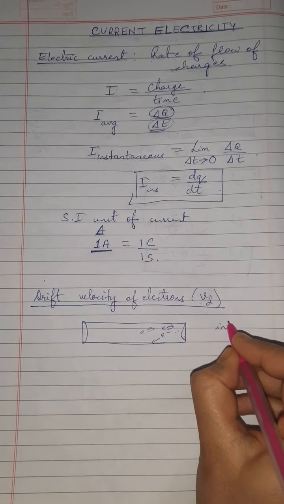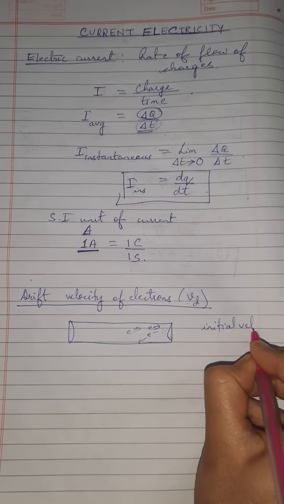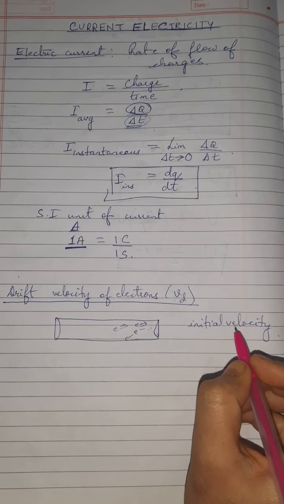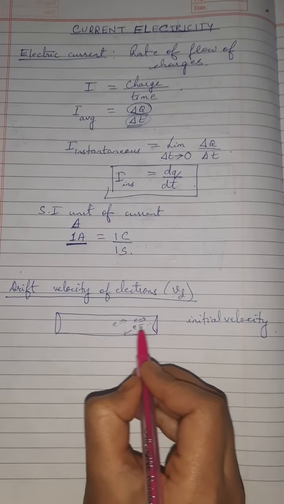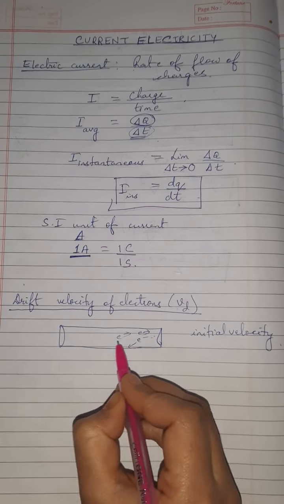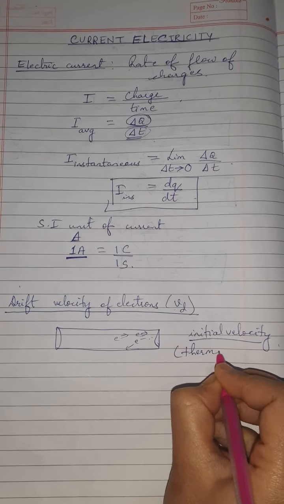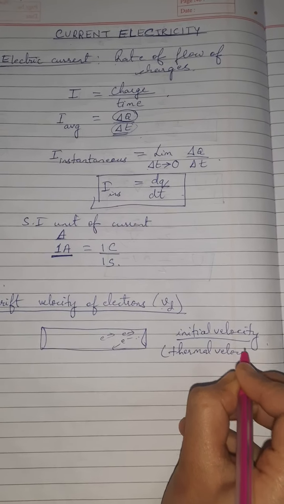That velocity is the initial velocity of the electrons, because even when you don't apply any external electric field to this conductor, they are vibrating, and this type of velocity is called thermal velocity.